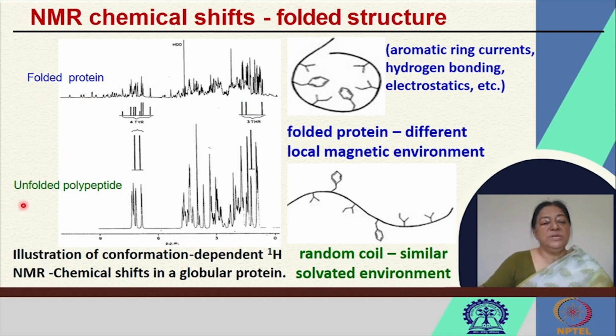However, when the protein is unfolded, what happens in this case is we are looking at a random coil where we are going to have a solvated environment, but the overall local environment is going to change, resulting in chemical shifts that are indicative of the difference of the folded protein from the unfolded polypeptide.